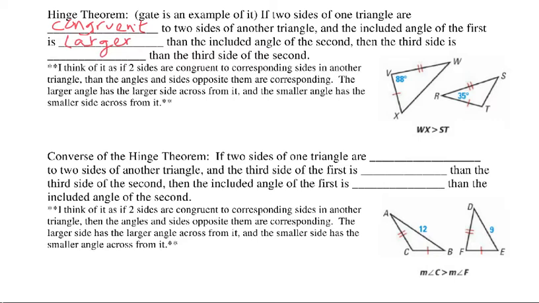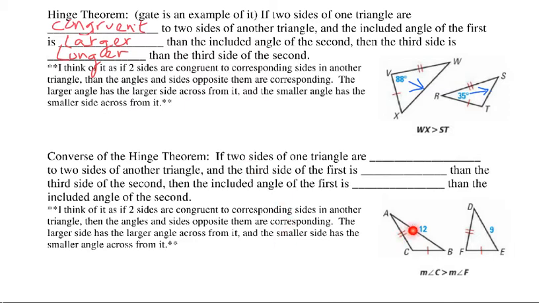Then that tells us that the third side, the side across from it, is going to be longer than the third side in the other triangle. What I think of is drawing an arrow going across each triangle from the different angles. Since 88 is larger, I know that WX will be larger than ST, but you have to have the congruent sides there first, and then you're just looking at the angle and the side across from it.